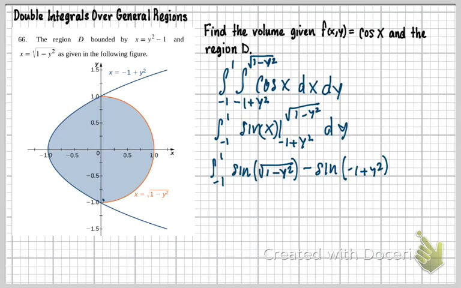So upper bound minus lower bound doesn't change anything. Now this looks terrible. And I'll be honest with you, to integrate this by hand looks like it would probably make a grown man cry. Almost, not quite. So this one I'm going to do in my calculator here. I'm not going to do this one by hand.